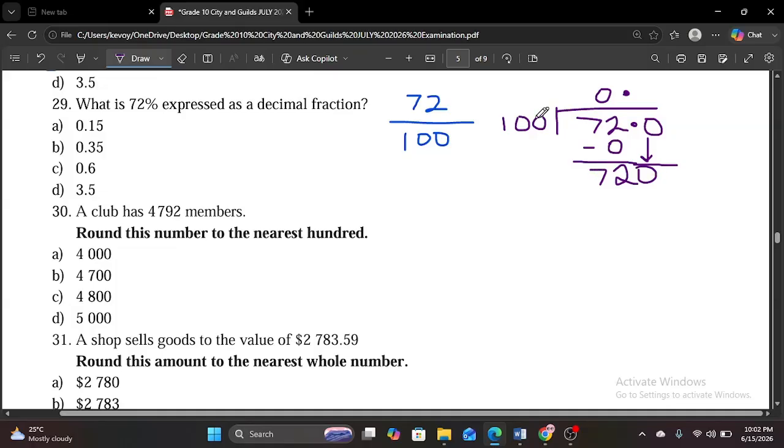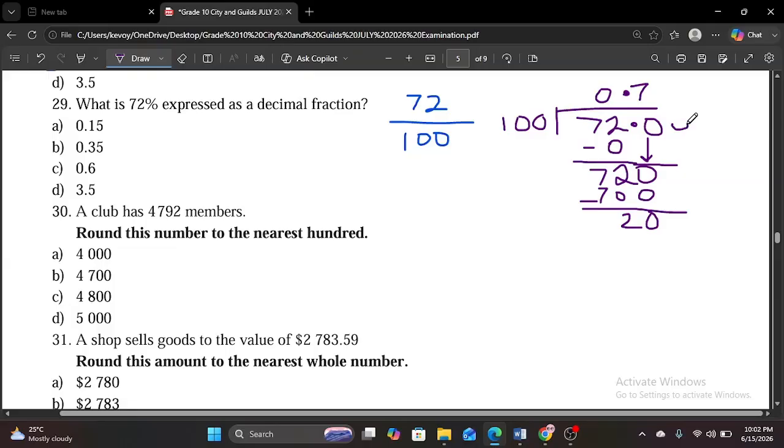So how many times can 100 go into 720? That's going to be 7 times. And then you multiply again. So that's going to be 7 times 100. That's 700. After you multiply, you subtract. So then you're going to be left with 20. After you subtract, you bring down.